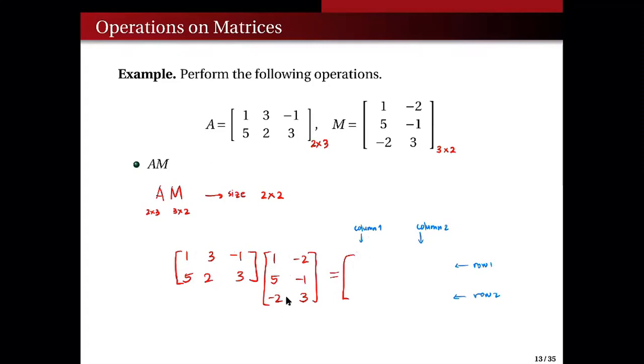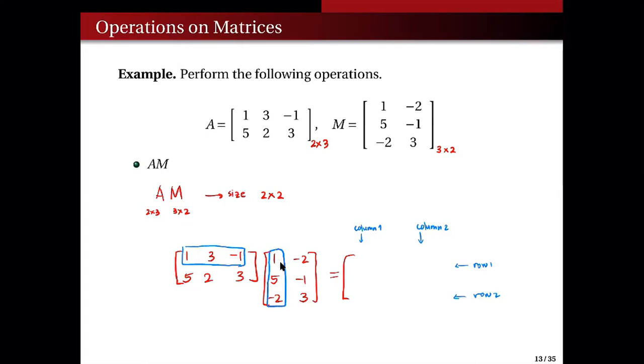So actual multiplication, let's start with first row of A and then first column of M. So you have here 1 times 1.